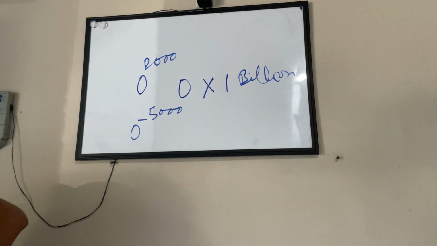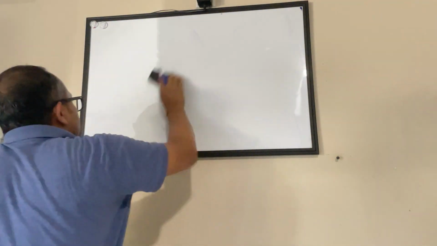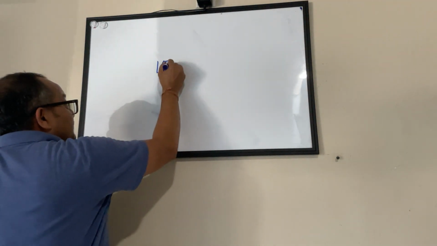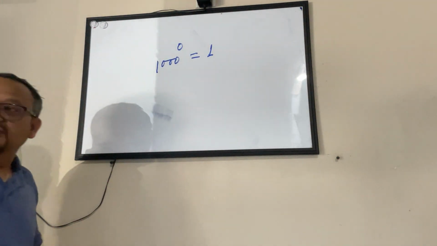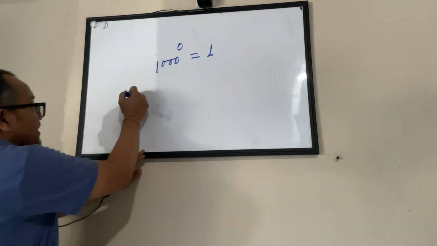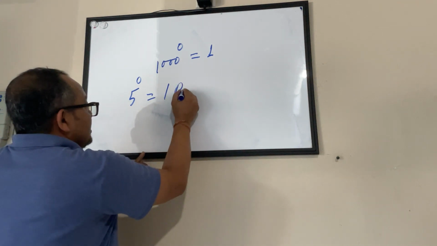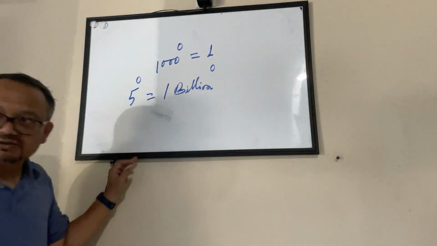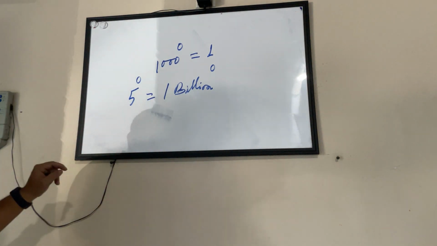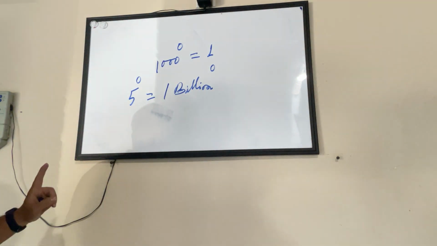But in simple terms, any number, the biggest or the smallest number in the world, if you give a power of 0, that has only one answer, that is 1. So if somebody says 5 to the power 0 equal to 1 billion to the power 0, that is correct. Okay? Any number to the power 0 is 1.